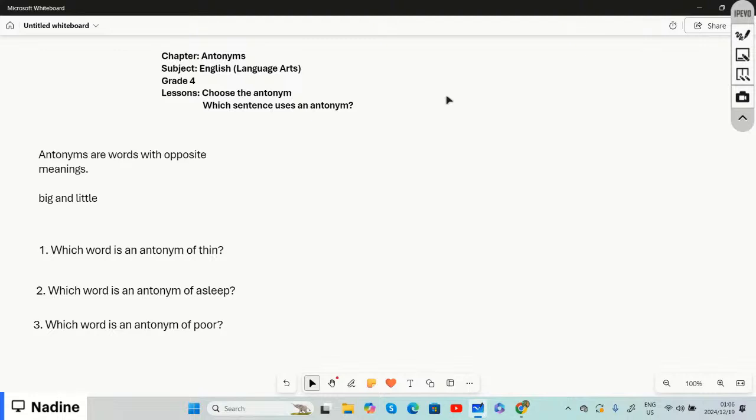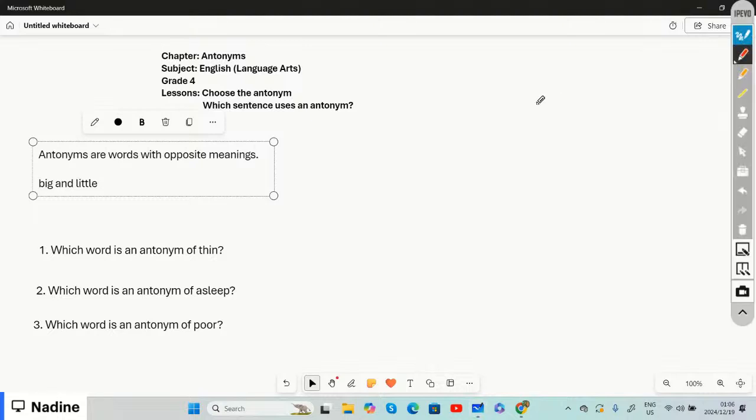All right. So when it comes to antonyms, an antonym, or antonyms, are words with the opposite meaning. In our previous lesson, we did synonyms, and synonyms are words with the same meaning or almost the same meaning. But today we have antonyms, and antonyms are words with the opposite meanings.